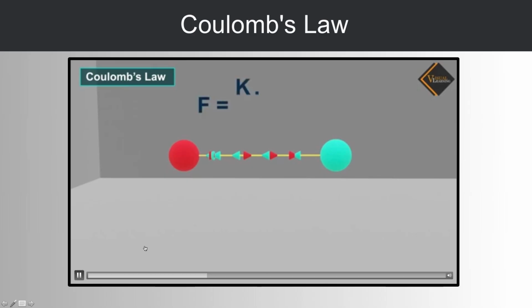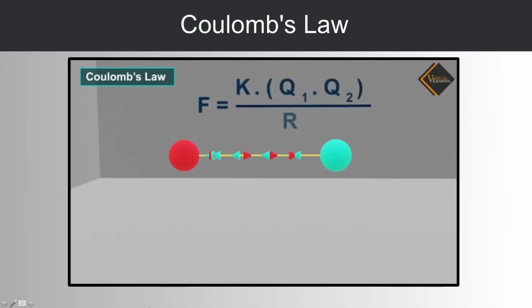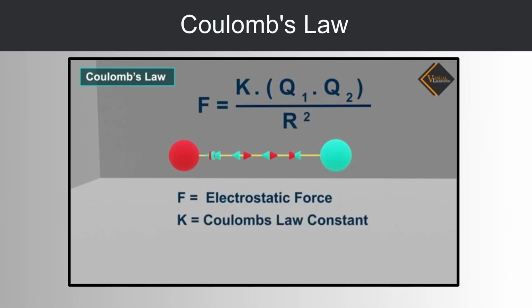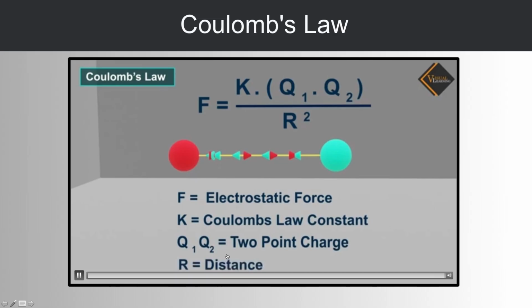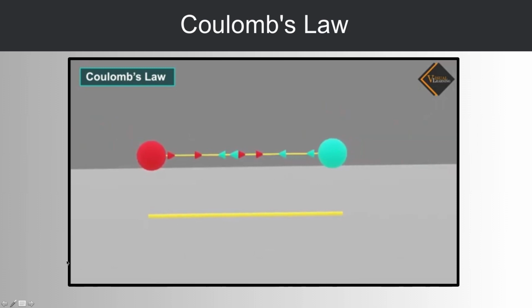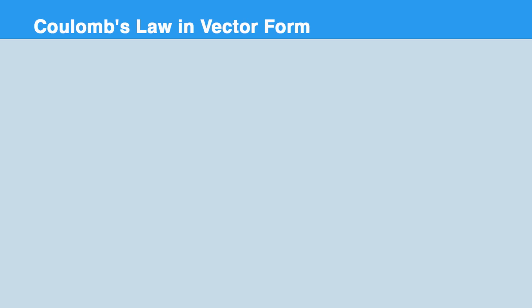Here F = k Q1 Q2 / r². This formula helps us calculate the magnitude of the electrostatic force and understand how distance and charge magnitude affect the interaction. Then we discuss Coulomb's law in vector form.